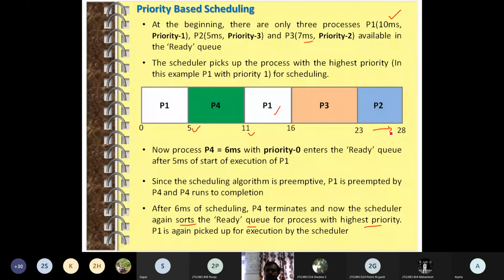So to run 4 processes, how much time is the scheduler going to consume? It is 28 milliseconds, by preempting, stopping the current running process temporarily and running the new highest priority task.